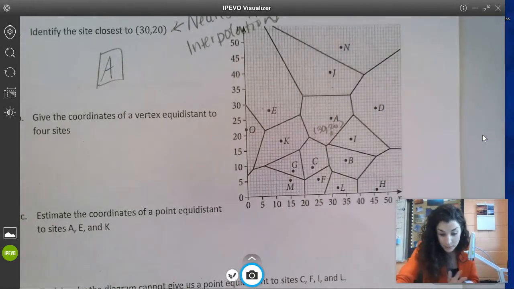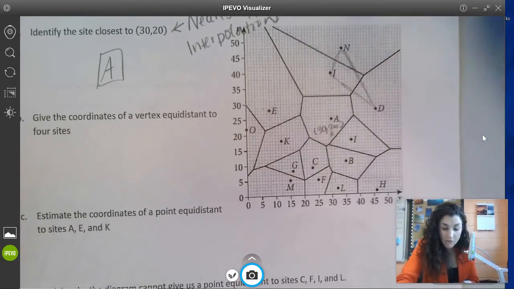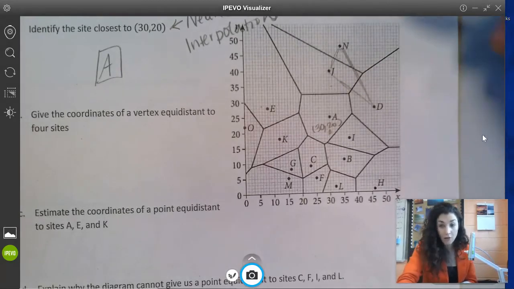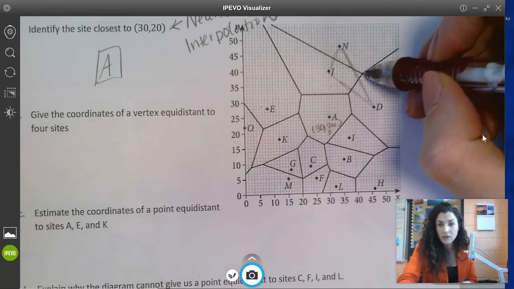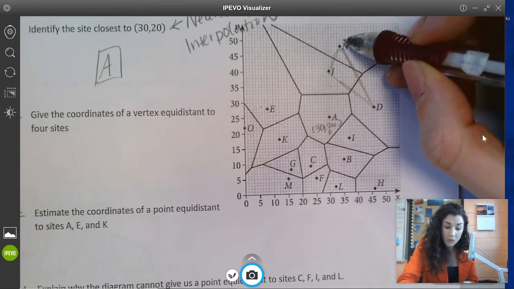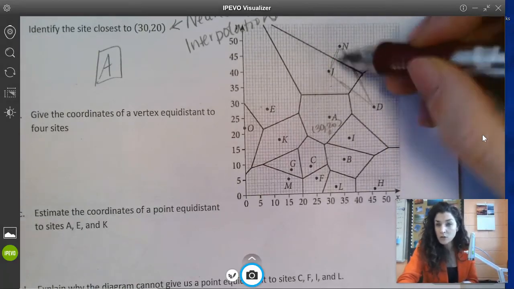But if you take a triangle and find the perpendicular bisector of all 3 sides, where the perpendicular bisectors all meet creates the center of the circle that would intersect all 3 of those points, right? So I could draw a circle through any 3 points.